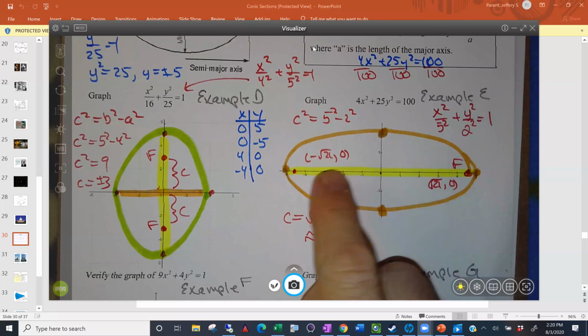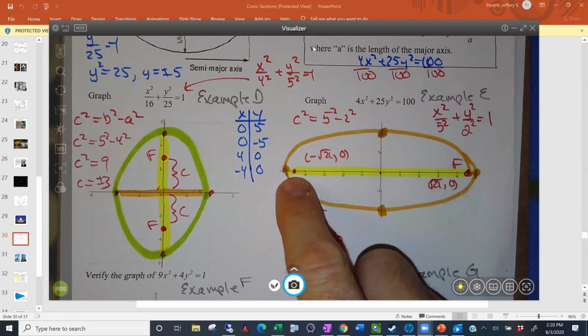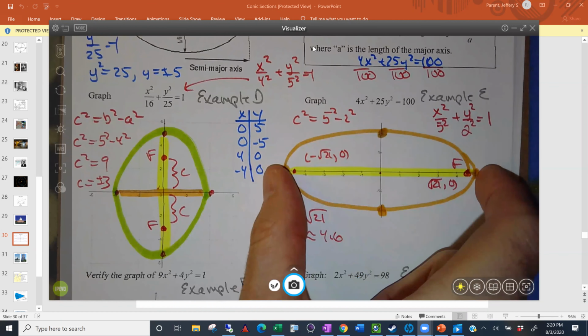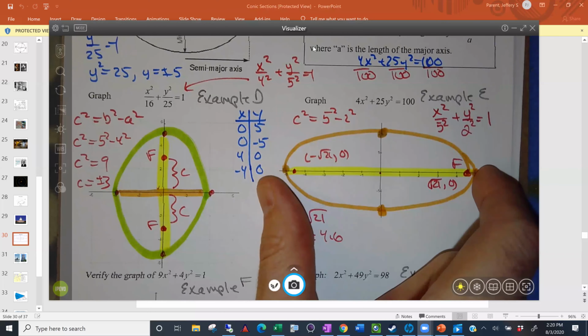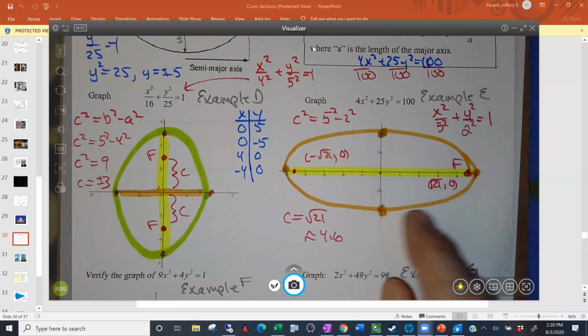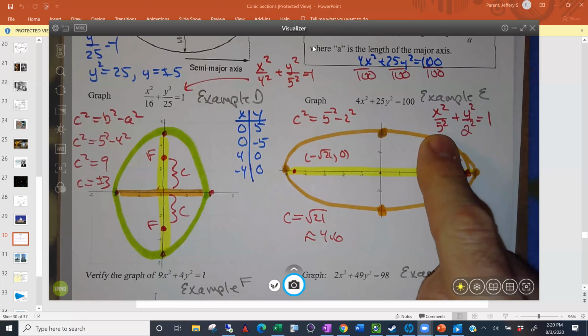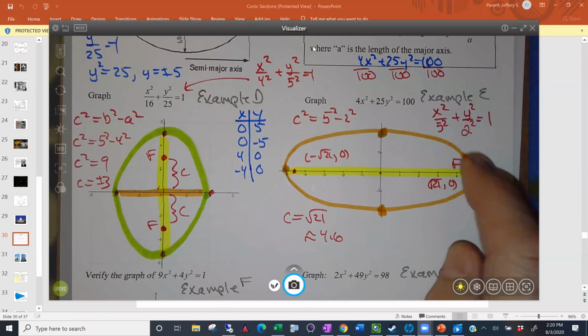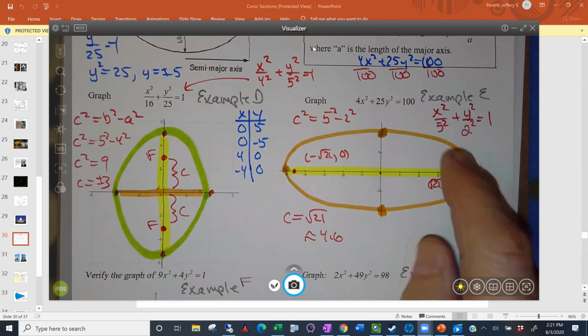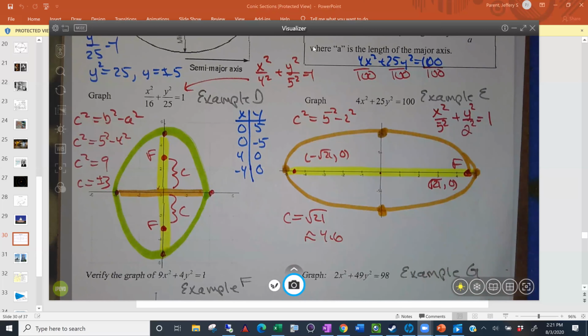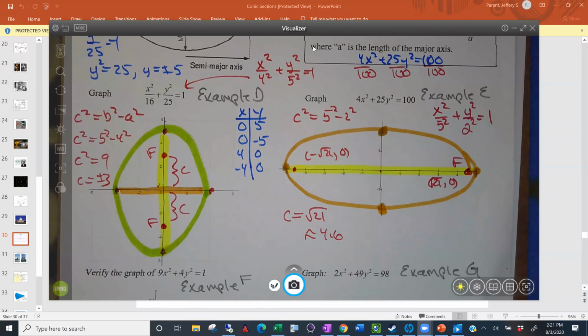And the longer of those two between here and here is going to be in the x direction. So that's your major axis. Whatever denominator is bigger is going to be your major axis, and that's where you're going to find your foci. Does that help? All right, thank you.